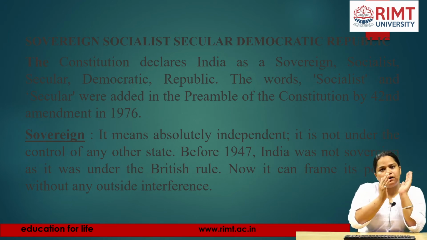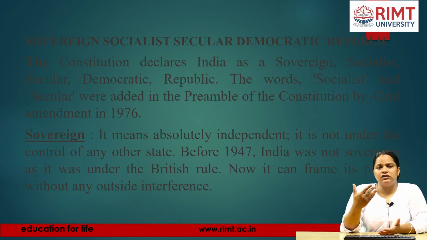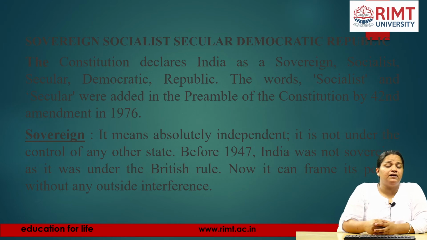The orders used to come from the British Parliament. And after 1947, the people of India chose to have their own government. From then onwards, we are a sovereign state having our own people, own territory and our own government. So, this is what sovereignty is, when we are free from any sort of external control.